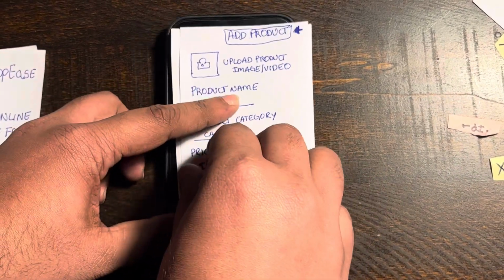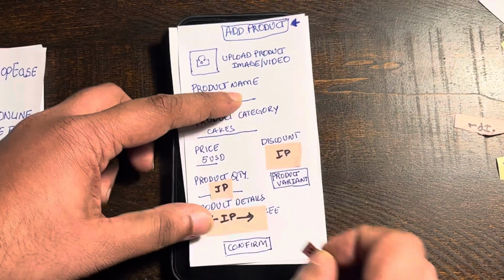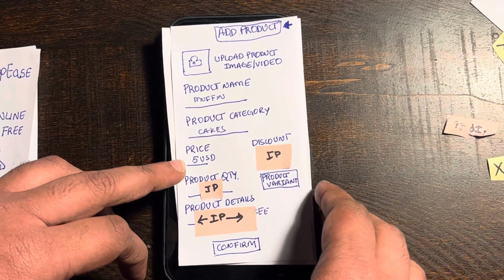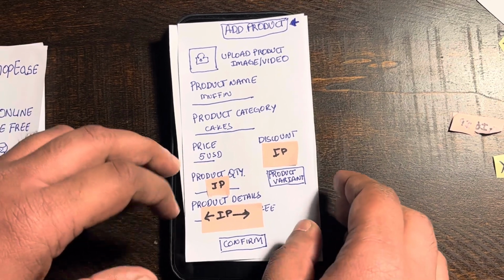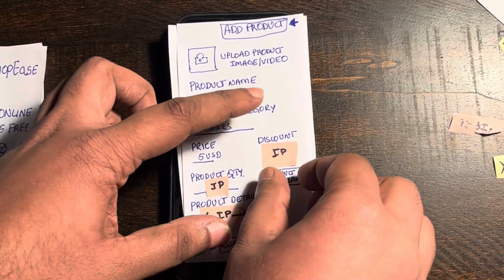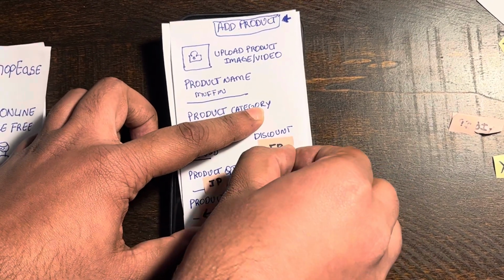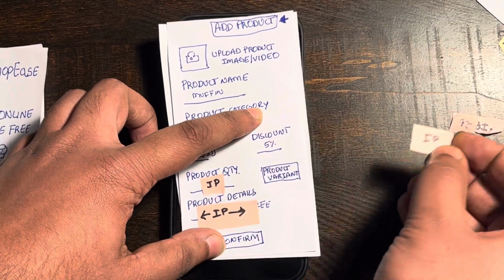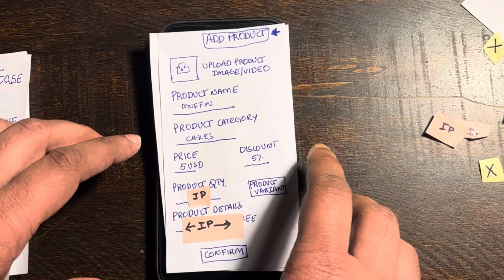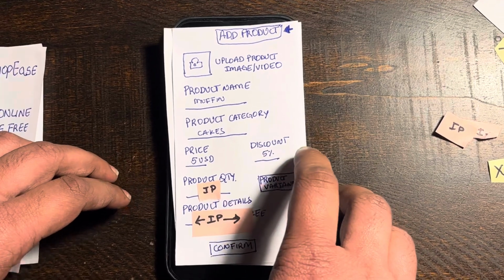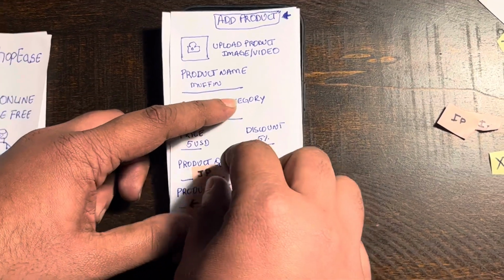The same way, he will be giving an input for the price of the product. So in this case, he has given the price as $5. At the same time, the user can also provide a discount on the product, which is a variable. Assuming that in our case, the user would be providing a discount of 5%. Now product quantity.